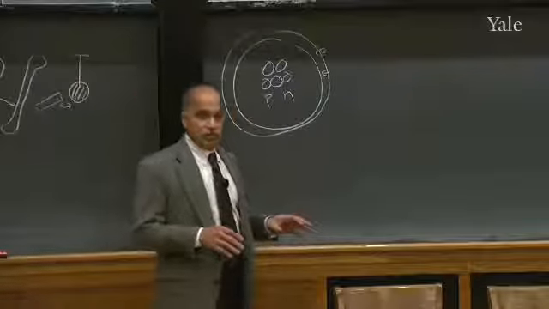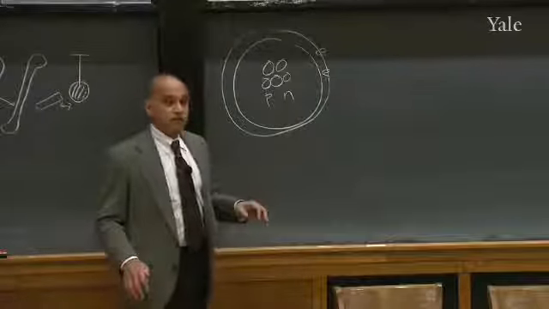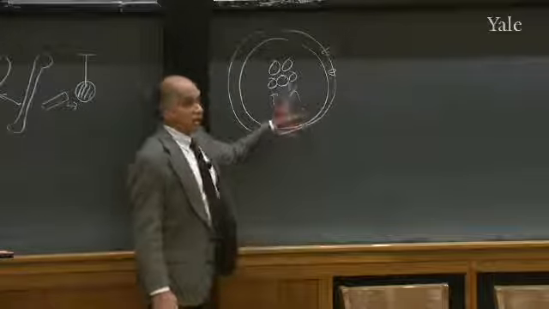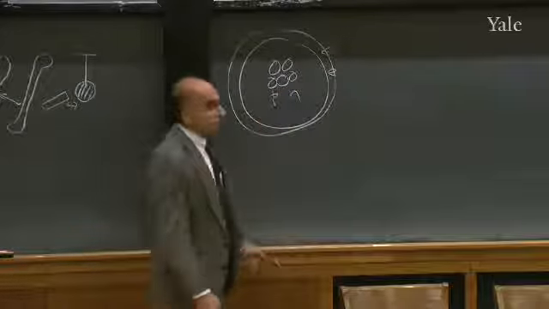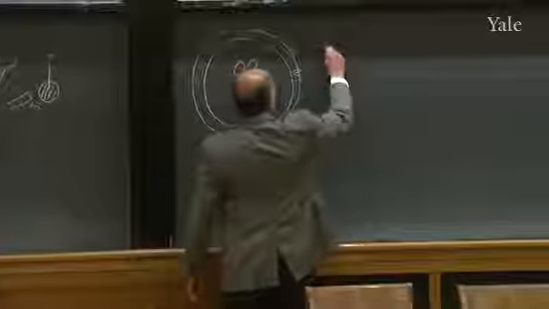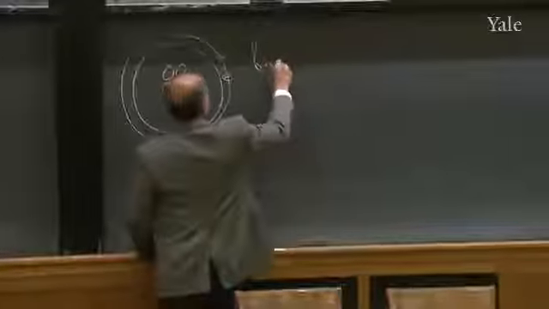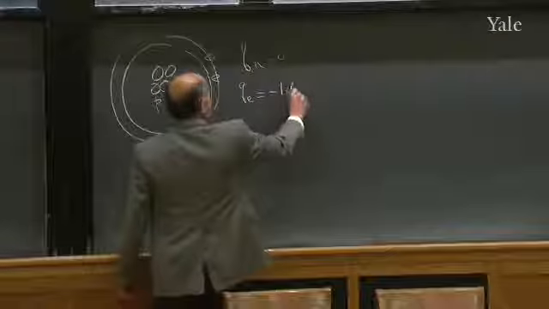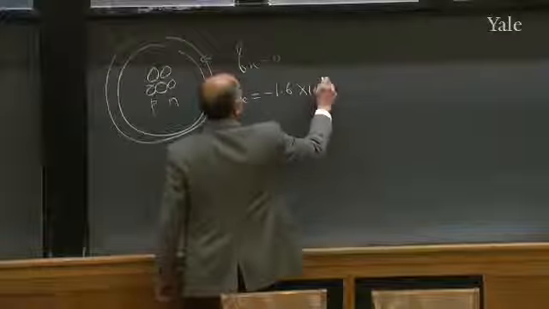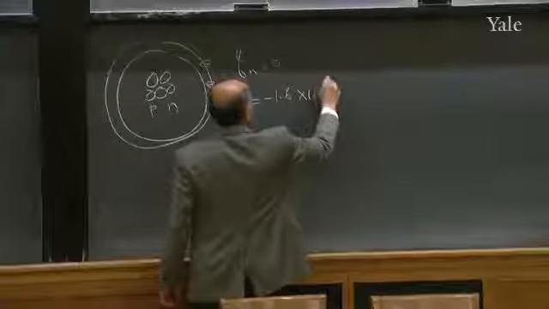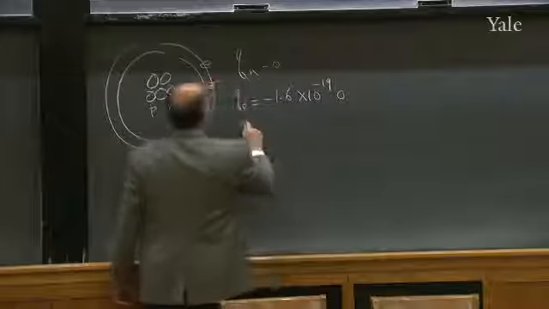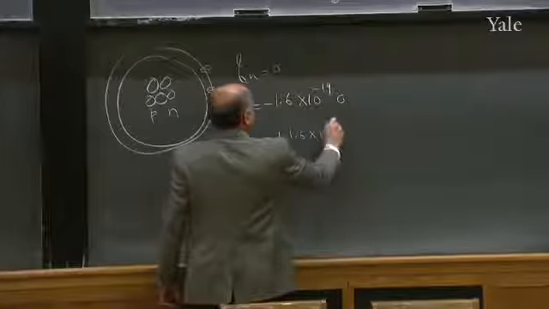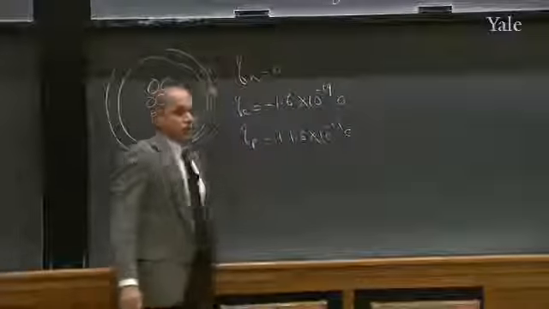So the stable things that you and I are made of, and that just about anything in this room is made up of, are protons, neutrons, and electrons. The charge of the neutron, as you can guess, is 0. The charge of the electron, by some strange convention, was given this minus sign by Franklin. And the charge of the proton is plus 1.6 times 10 to the minus 19 coulombs.